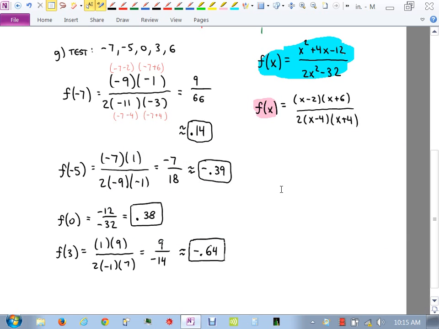Yep, I told you. F of 6. So 4 times 12 over 2 times 2 times 10. I changed my notation there on 6, using dots instead of parentheses. 48 over 40, right? 1.2.